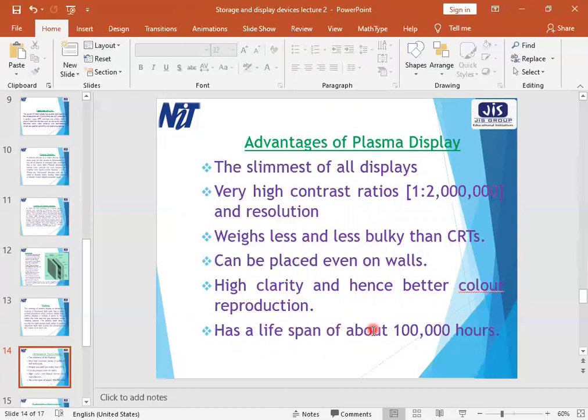Has a lifespan of about 1 lakh hours. So this is also very important thing that is to be kept in mind, that resolution is very high, clarity is very high, color is better than CRTs, and lifespan is 1 lakh hours. So this is very important thing, and that is why the plasma display is still used, because of its slimmest quality.